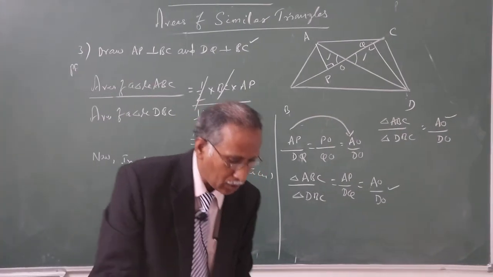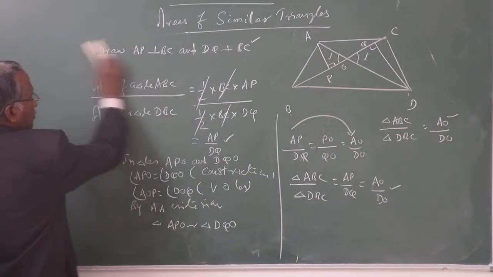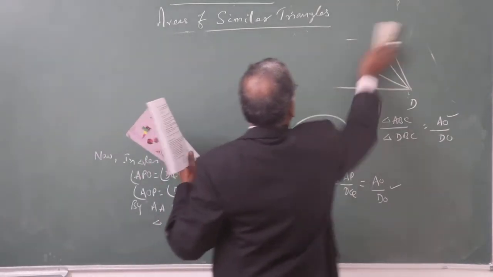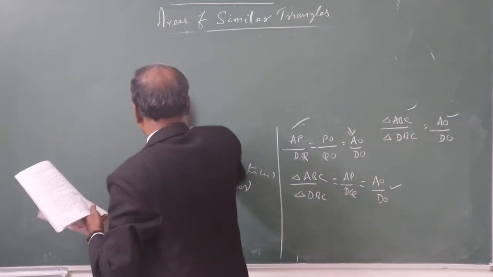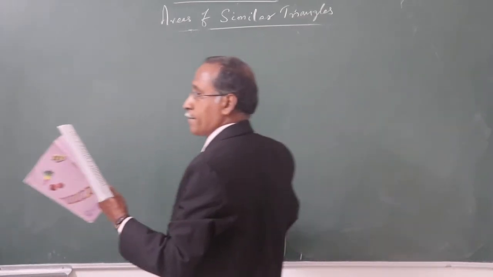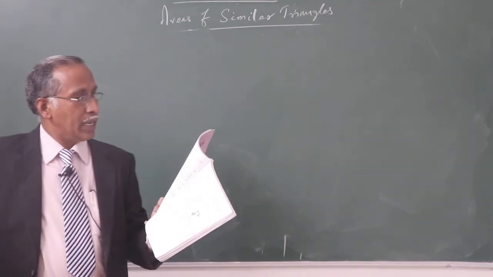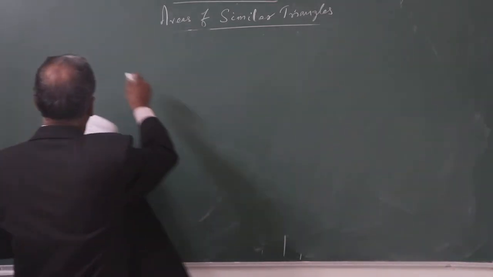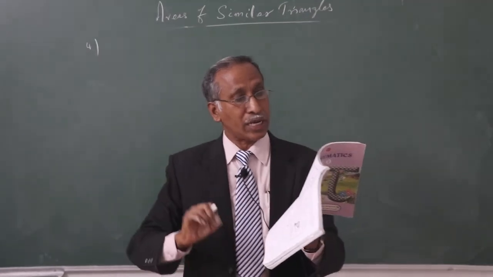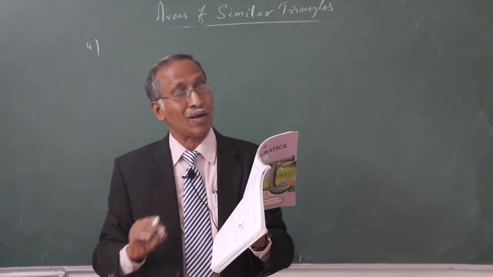Next sum, how do we go for that now? Next: if the areas of two similar triangles are equal, prove that they are congruent.